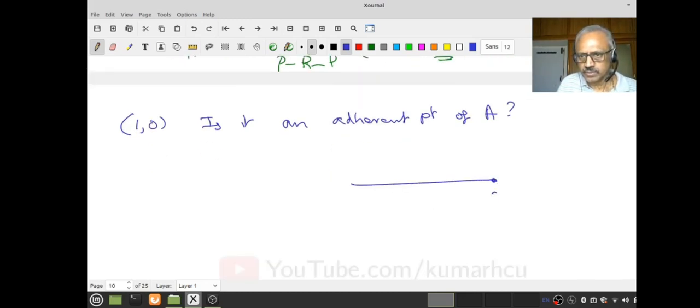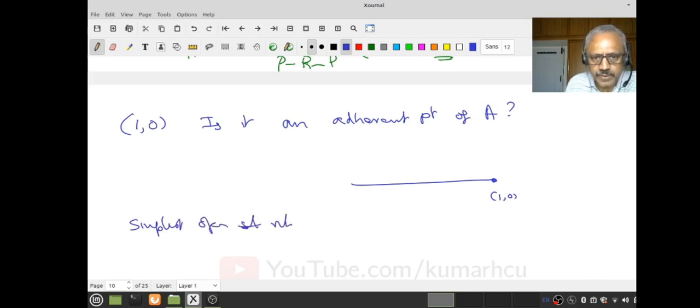This is my (1,0), and we had already seen in the last lecture that typical open neighborhoods of (1,0) have to start from some 1 minus epsilon.